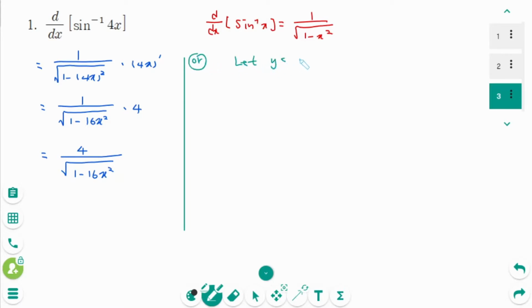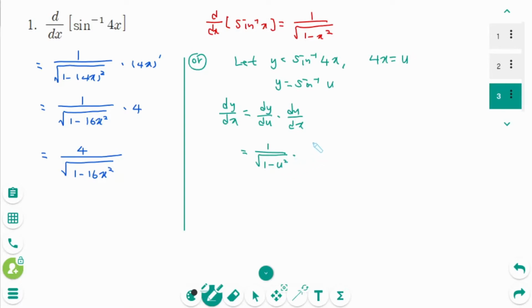let y equals arc sine of 4x and 4x equals u. Then you can rewrite as y equals arc sine of u. Then dy dx equals dy du times du dx, where dy du is 1 over square root of 1 minus u squared, and du dx is 4.